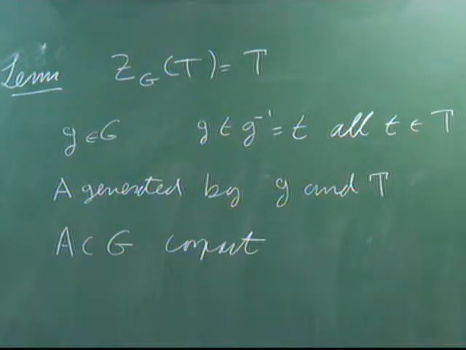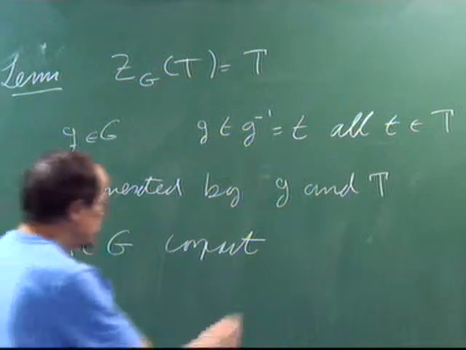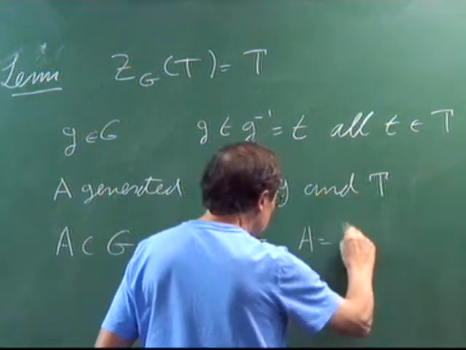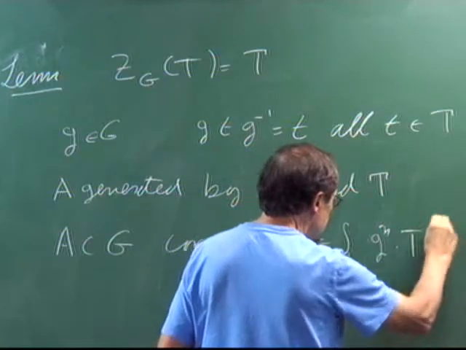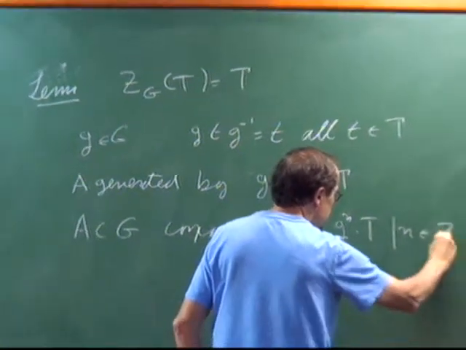It's a group generated by an element in the maximal torus. So what does this look like? So A is of the form G to the n times t, for all n in Z.